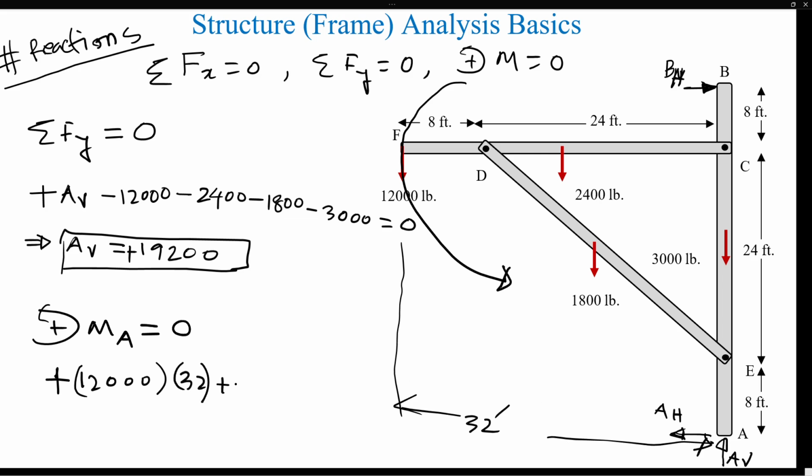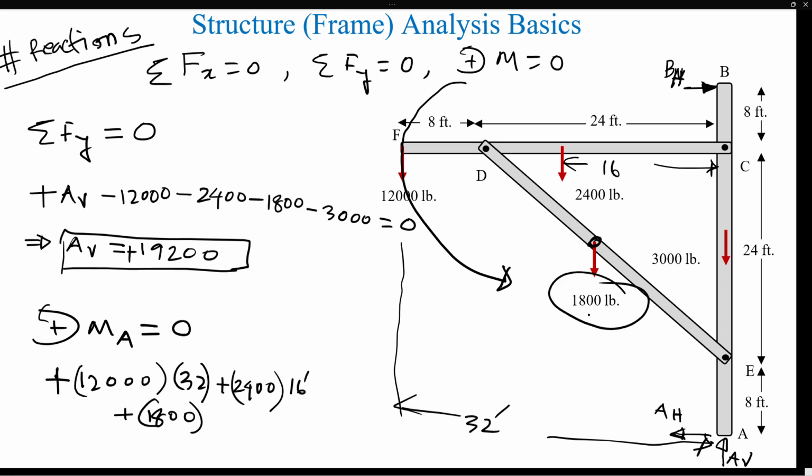Then plus 2,400, the boom weight, will also do a counterclockwise moment, which acts in the middle of the post, so that's 16 feet from A. Plus the 1,800 pound brace weight, which acts in the middle of the brace.